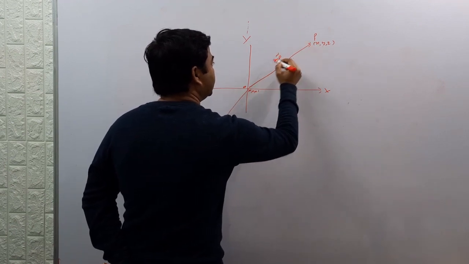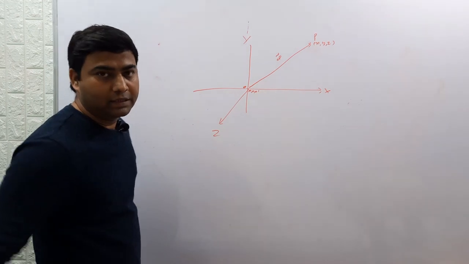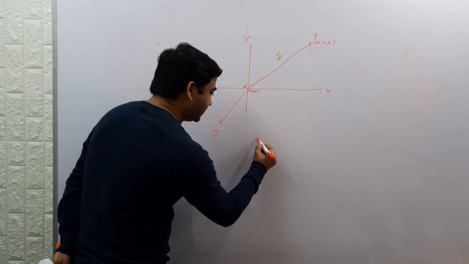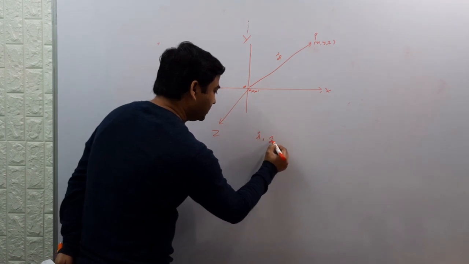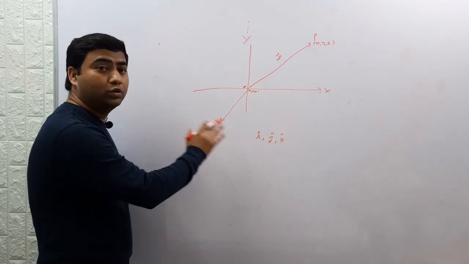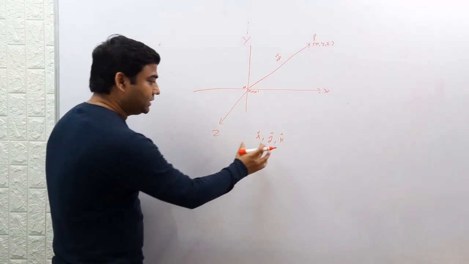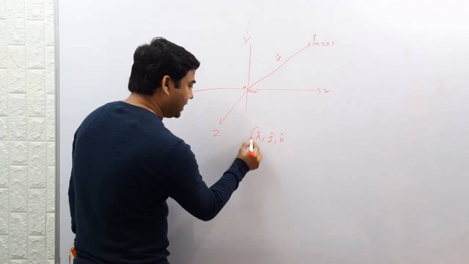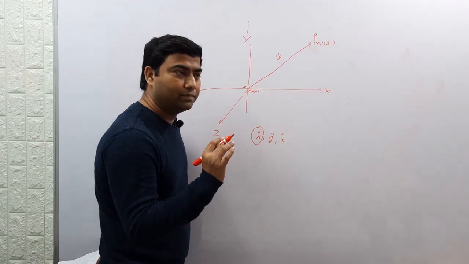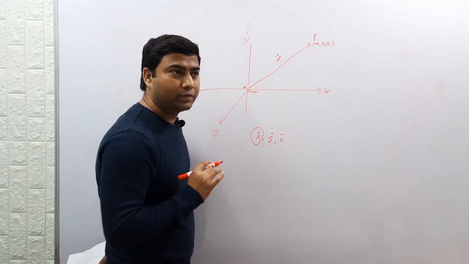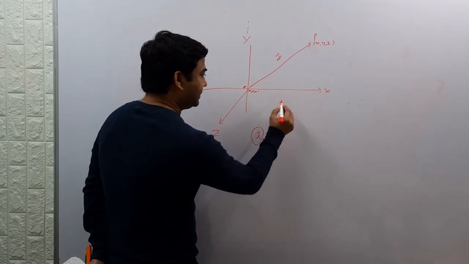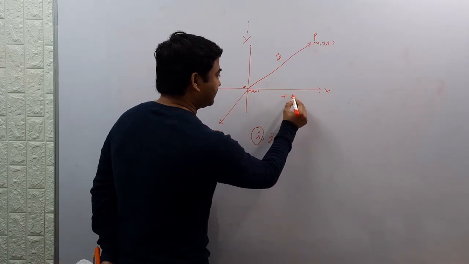This is vector OP, as we have discussed in the definition of position vector. By convention, we have three vectors I, J, K. These are three unit vectors. Vector I is defined as a vector having magnitude unity, equal to 1, and its direction is along the positive x-axis.